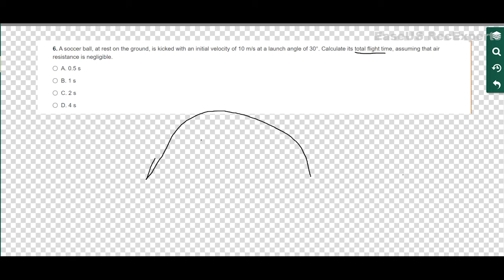So now we need to find the vertical component of the velocity. We know that the total initial velocity is 10 meters per second, and we have 30 degrees here. So we're trying to find what the upward velocity is.